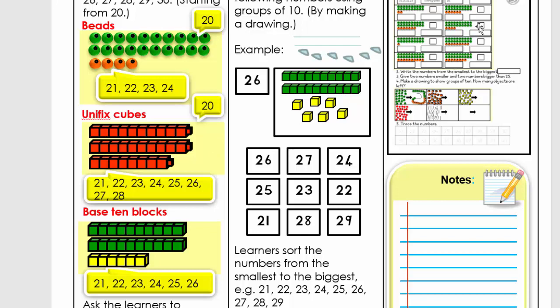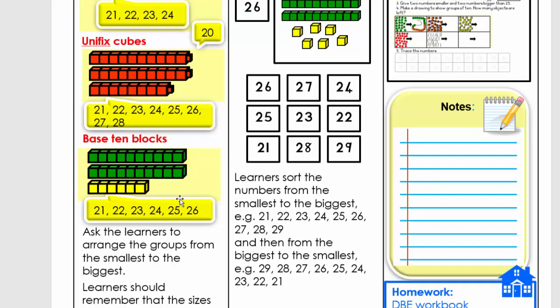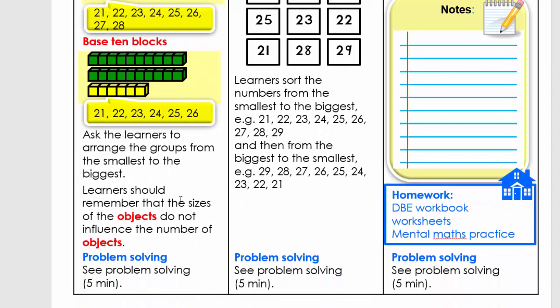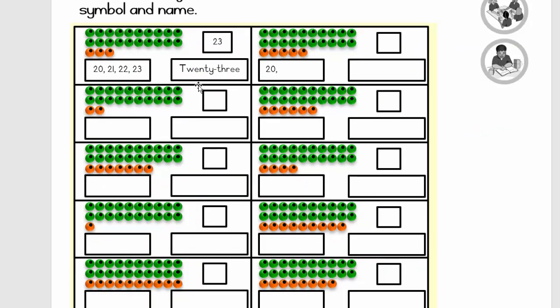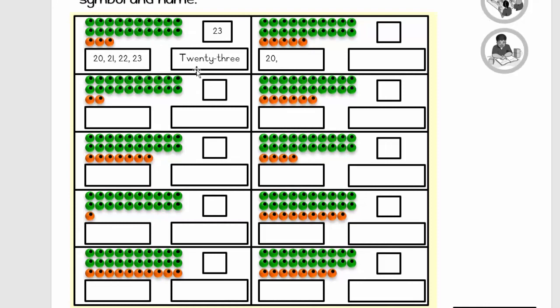After this is done, you can go to your worksheet. So I'm just going to go to the next page. So you got your worksheet on the same concept. We're going to count it 23. We're going to say 20 because we already have 20, 21, 22, 23.